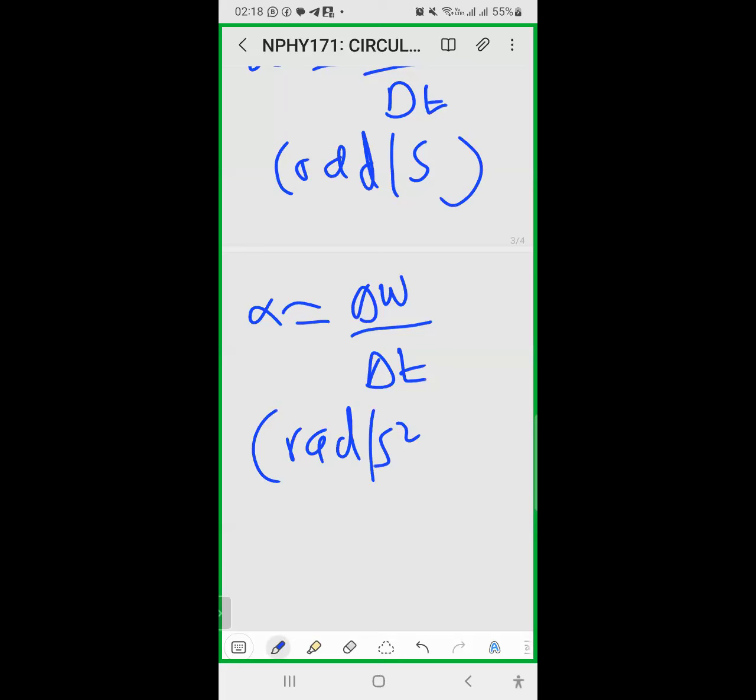So basically, the change in velocity is the change in angular speed, and the change in time is still the change in time, right? And the change in displacement in circular motion is the change in angular displacement. So we are basically shifting the idea to the fact that we are focusing on a circular path, right?